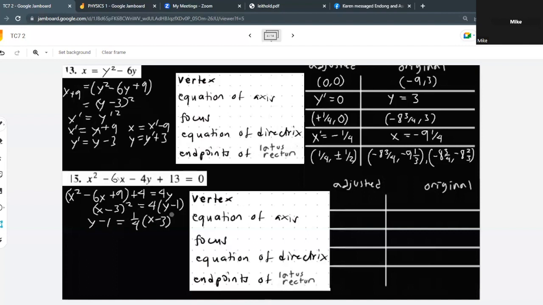Teka. Yung endpoints ng latus rectum, so pag positive 1/2, yung magiging value ng y ay 1/2 plus 3.